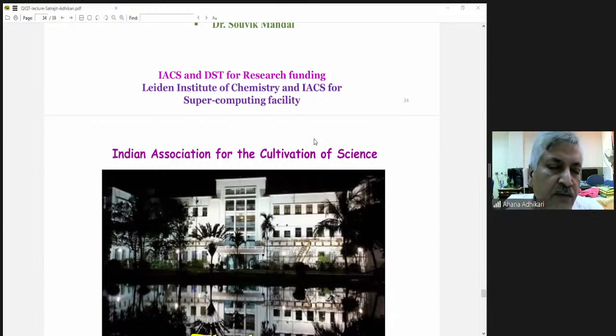But in Europe, as I said, the Leiden surface chemistry group is highly connected with the industrial houses, and they get a lot of funding for doing this kind of research. So this is highly connected with industry, that I can tell you. But for that, you need to know the highest level of quantum mechanics as well as quantum statistics.